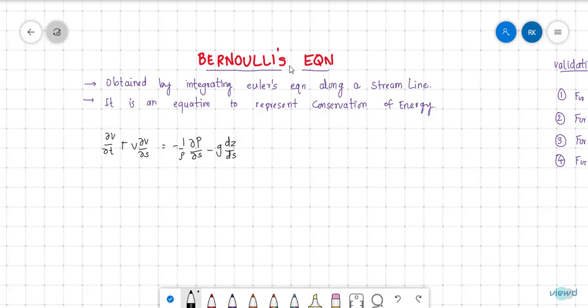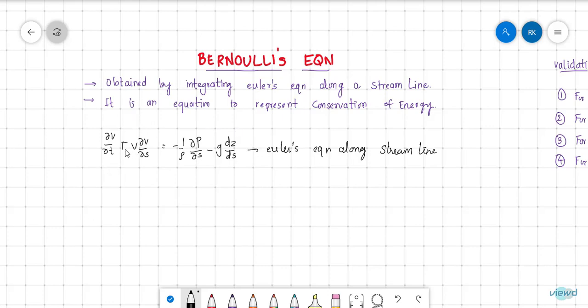So this is Euler's equation along the streamline. Bernoulli integrated this equation and found his own equation, Bernoulli's equation.